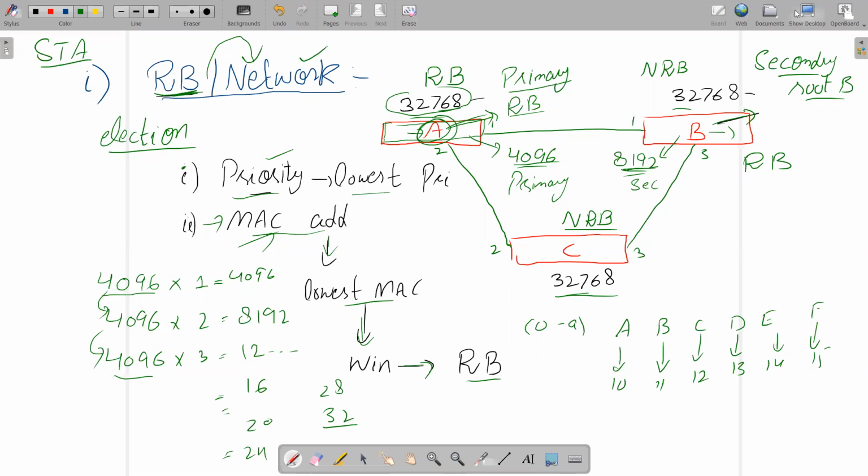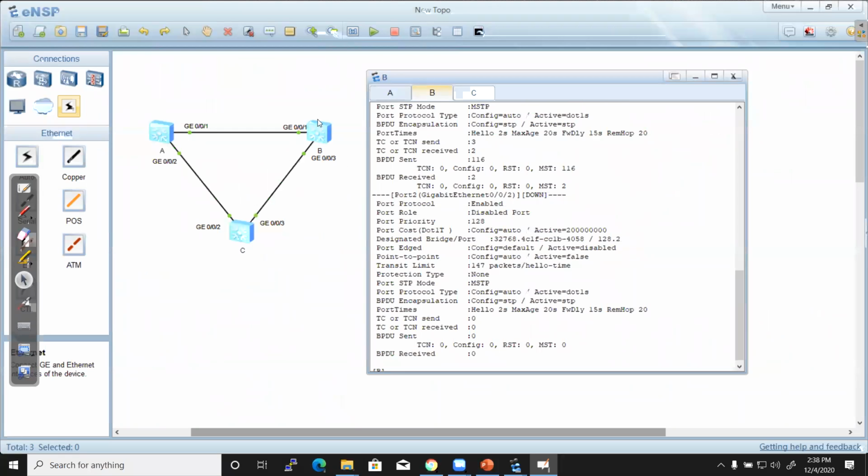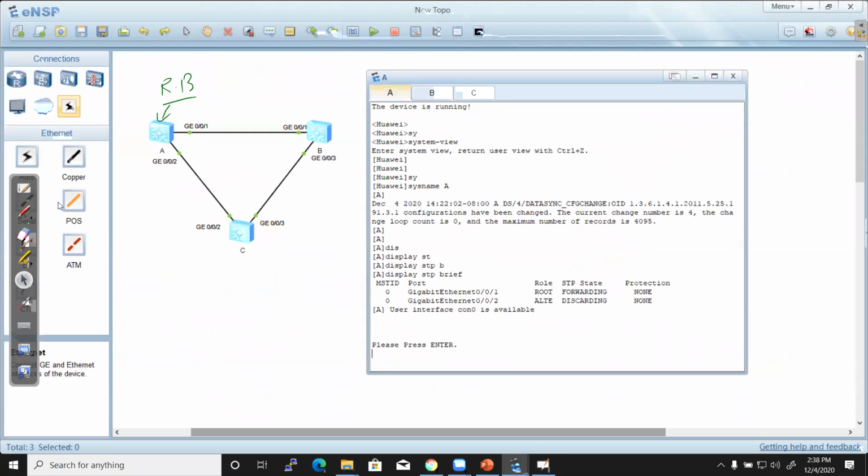So how can we change the priority? For example, I want this switch to be elected as the root bridge, and this should act as the secondary root bridge. First of all, check this again. Still, the status of switch A ports: 0/0/1 is acting as a root port, and this port is in the block state.